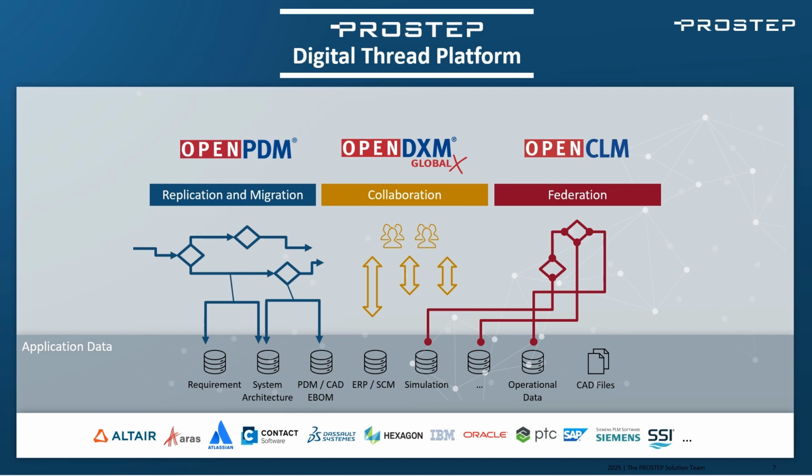And so OpenPDM can harness connectors to that application data, and then BPMN workflow or migration workflows in order to transact that data, to do that export, transform, and load, or synchronization of data between the different applications.